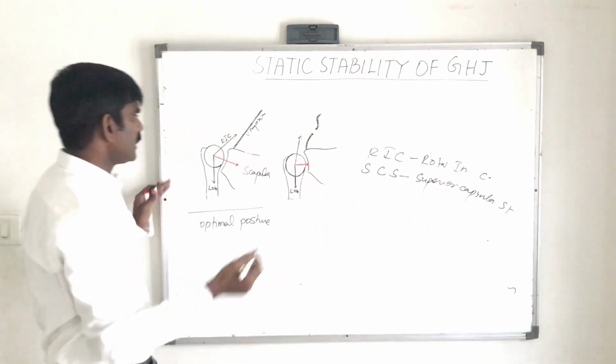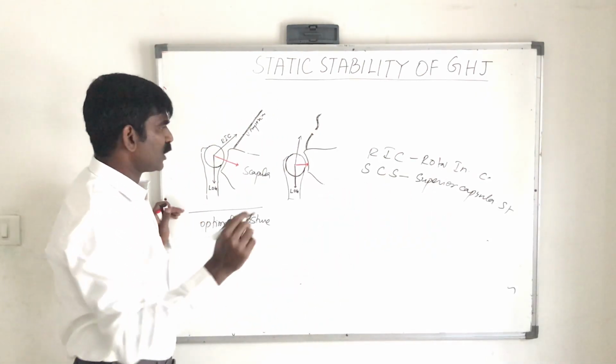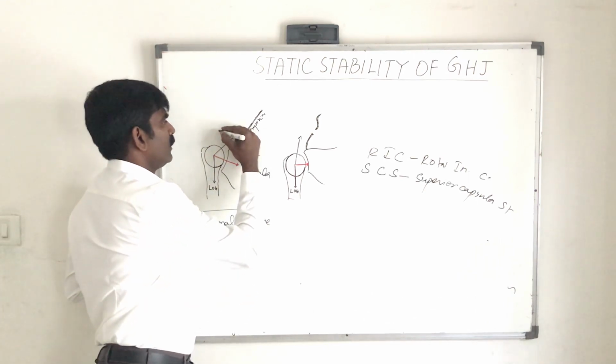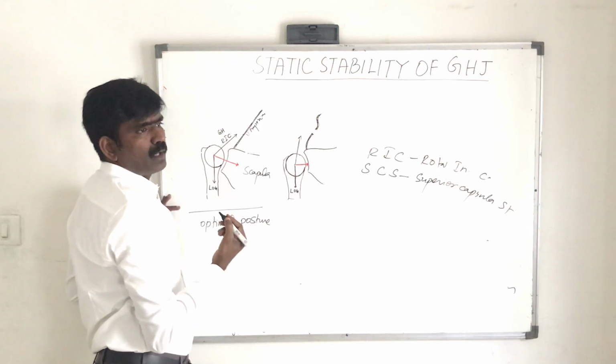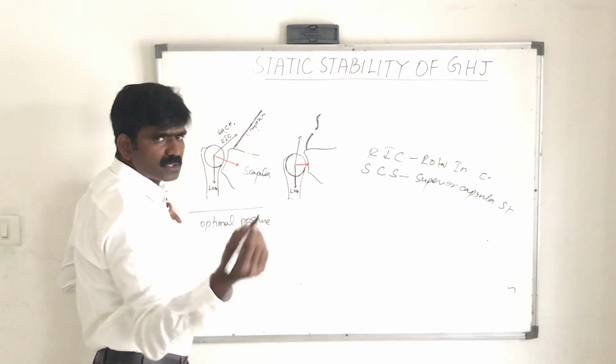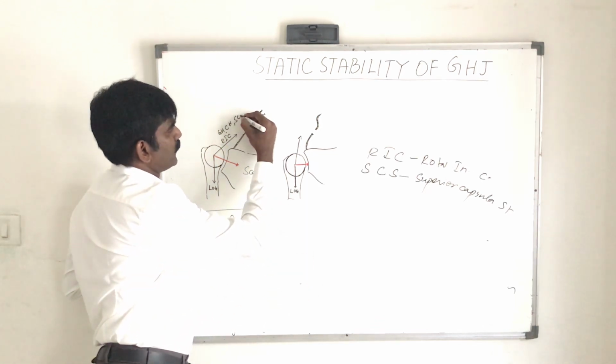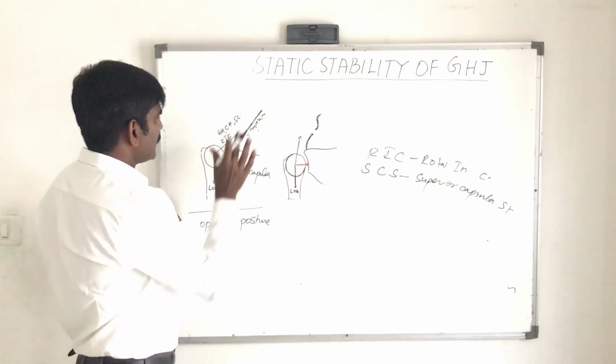Both are the same. Clear? So this RIC includes passive tension of the glenohumeral ligament, coracohumeral ligament, and third one is the superior glenohumeral capsule. Clear? So this is RIC.